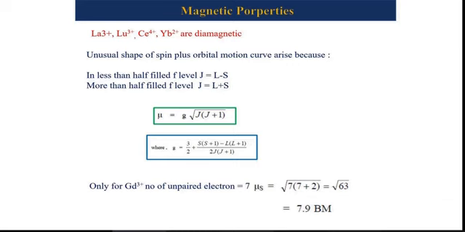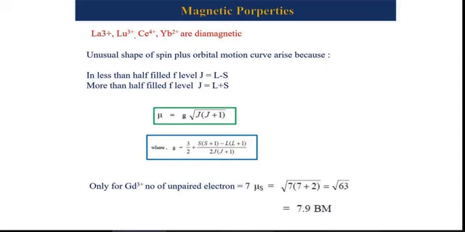Now, in the case of gadolinium, let's work out the total L value. In the case of f, a total of 7 subcells are there, and every subcell is filled with an electron. In gadolinium, the total number of subcells is 7 in the f orbital.